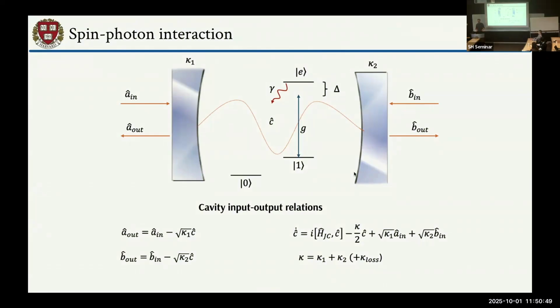And in the end, what we're going to look at is a detection of that photon, so we don't really care what happens when it's lost, except that it means we're not going to detect it.